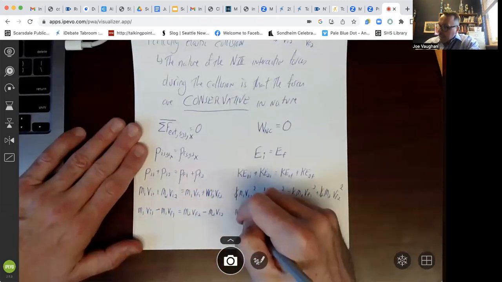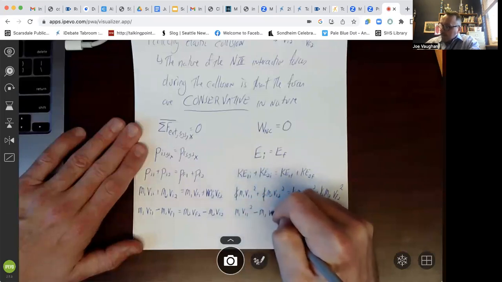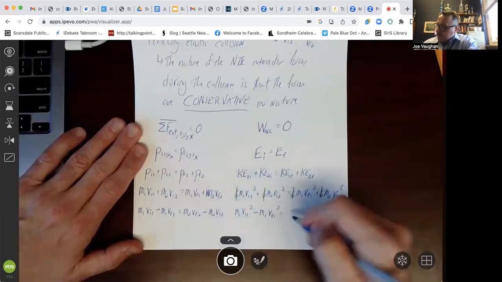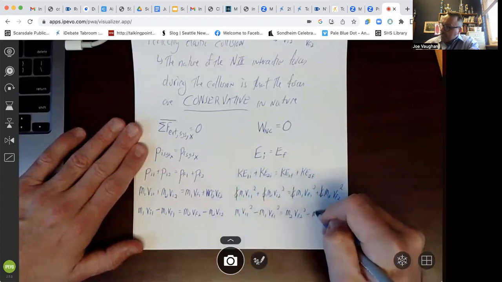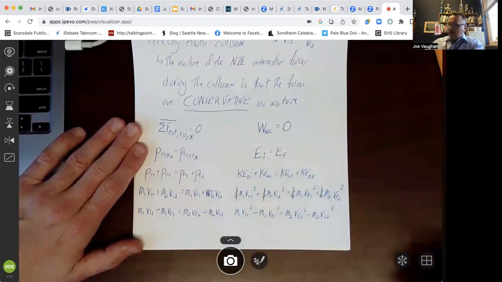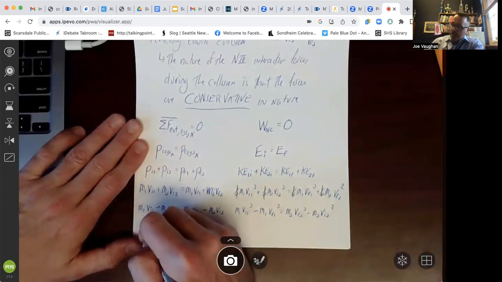Similarly over here, M1 VI1 squared minus M1 VF1 squared is equal to M2 VF2 squared minus M2 VI2 squared. You're like, okay, how does that make things better? Well, look at this. I can now pull out an M1.